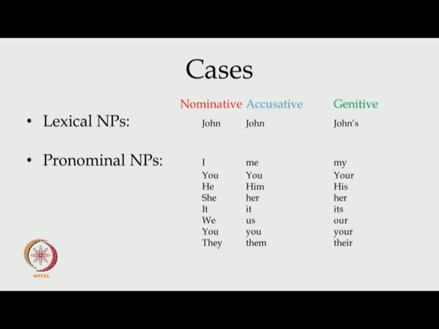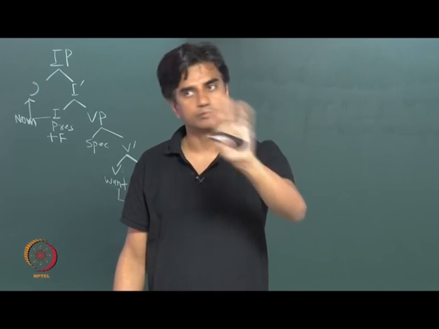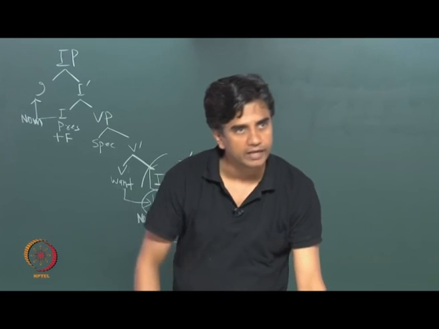So, keeping the differences and similarity in mind, try and understand exceptional case marking and structural case marking. Is this clear to you? If that is clear, then before I ask you anything else, we will stop and then we will talk. Okay.